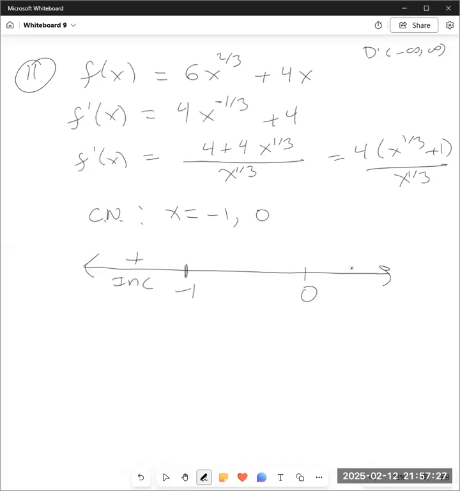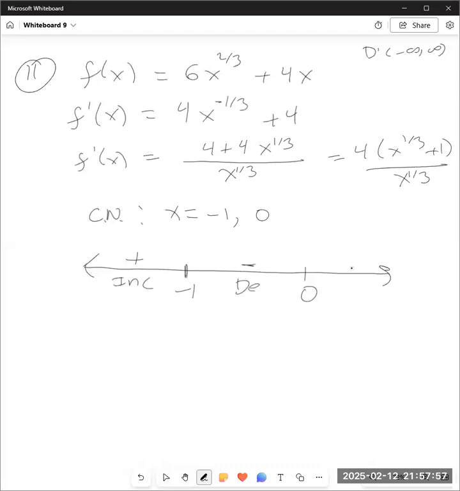Between -1 and 0, let's go for -1/8. That's going to be -1/2 plus 1 is +1/2, times 4 is a +2, over a -1/2. So 2 over a -1/2 will be a -4.